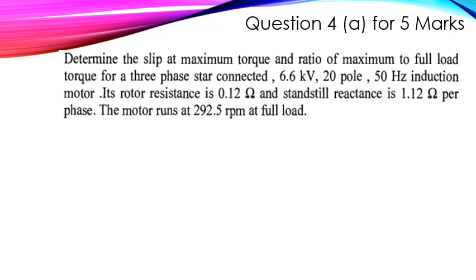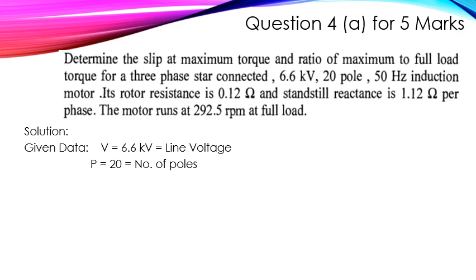So what do we have to determine here? Slip at maximum torque and ratio of maximum to full load torque. First we'll see the given data. As per the question, the line voltage is 6.6 kV, number of poles 20, then rotor resistance R2 is 0.12 ohm per phase.